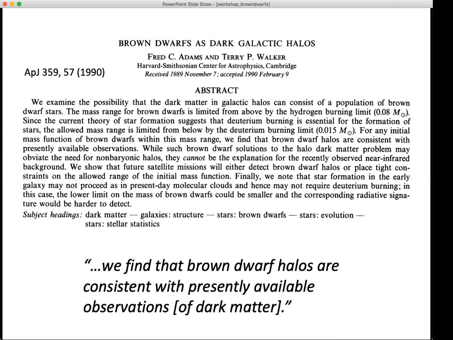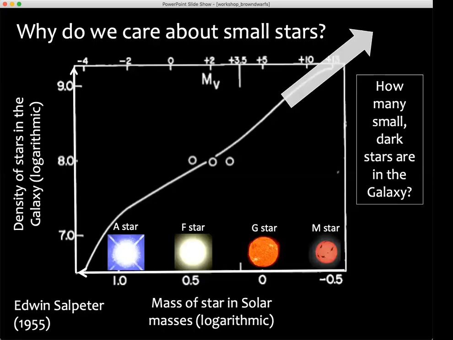And right through the 1990s, one of the candidates for this was brown dwarfs. Because again, if you extended this line out, remember this is a logarithmic line. So every step of 1 here is a step of 10 in density. You can imagine you could have a lot of these little things, and they might add up to be literally dark because we can't see them, matter because they're made of mass.